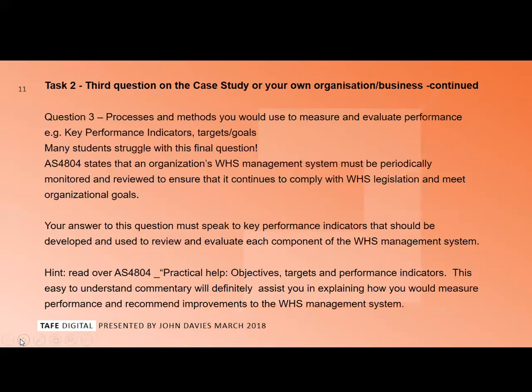Question 3. Now, question 3 has 3 questions within that. The first one asks us to identify the process and methods you would use to measure and evaluate WHS performance. Now, 4804 is the key to answering these questions.